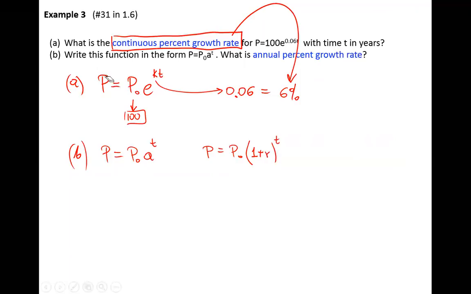That means, what do you think? In order to have the same output, the annual percentage growth rate is supposed to be higher or lower? Because with this rate, we're using it continuously, almost every single second, to compute P. With this one, we're not computing the rate all the time, just once a year, annually. So what do you think?